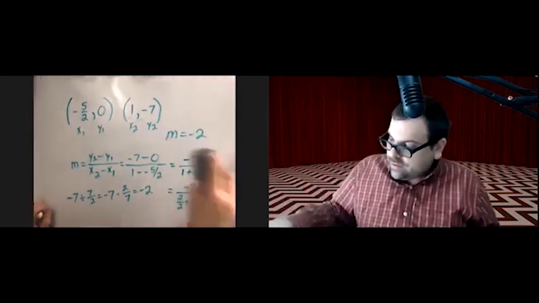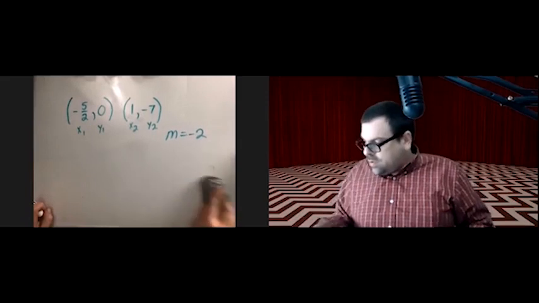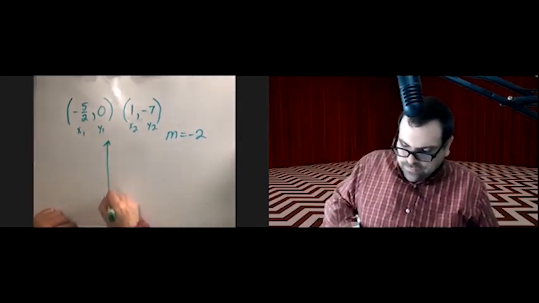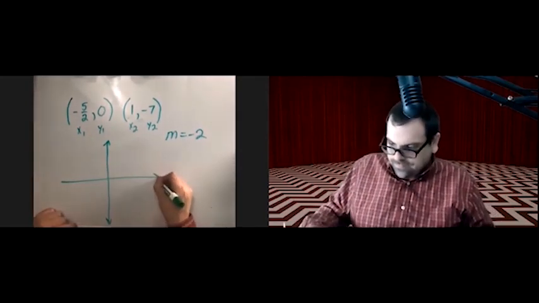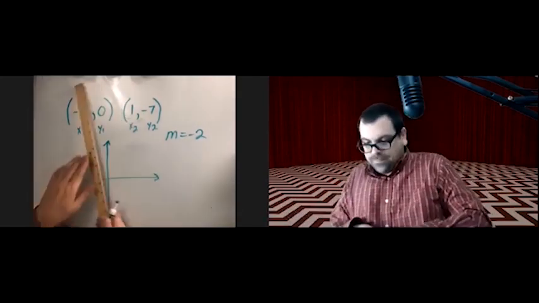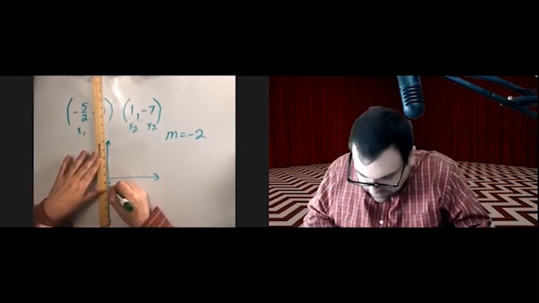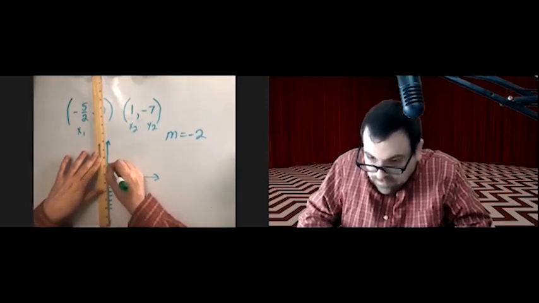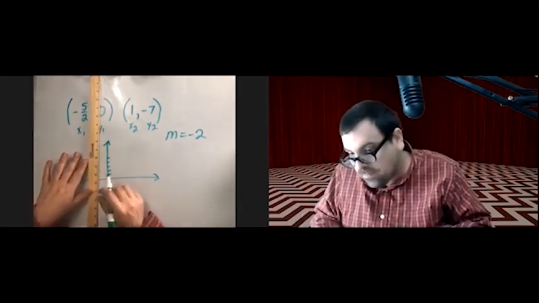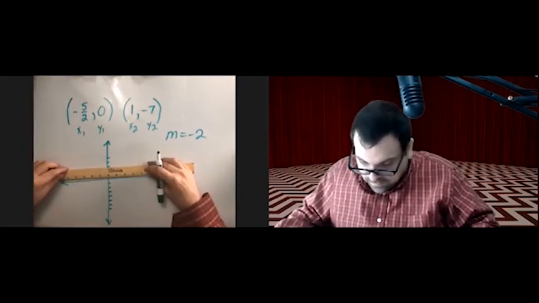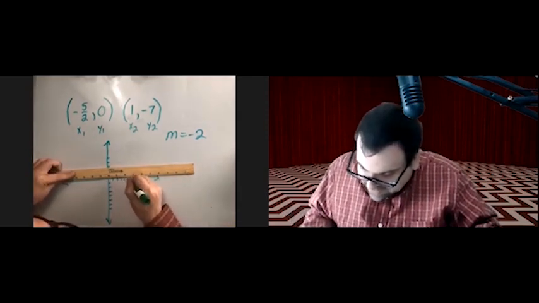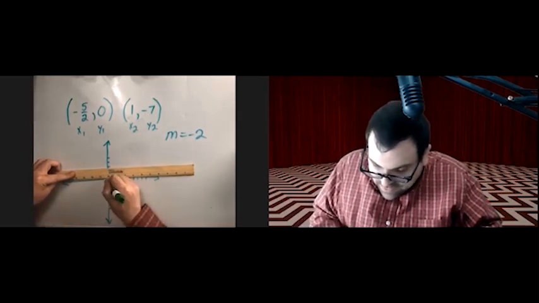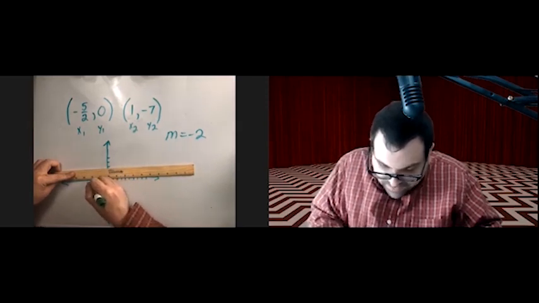And if we plotted these points, and since I'm using the ruler for tick marks, you know there must be something important about the graph I'm going to draw.